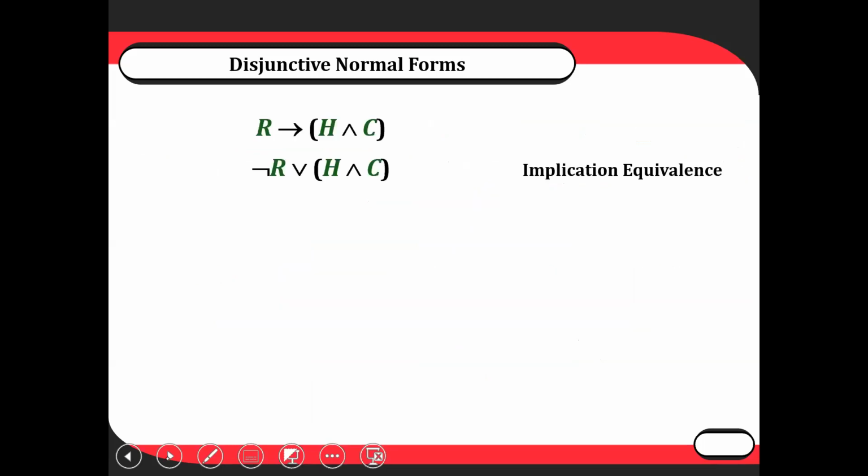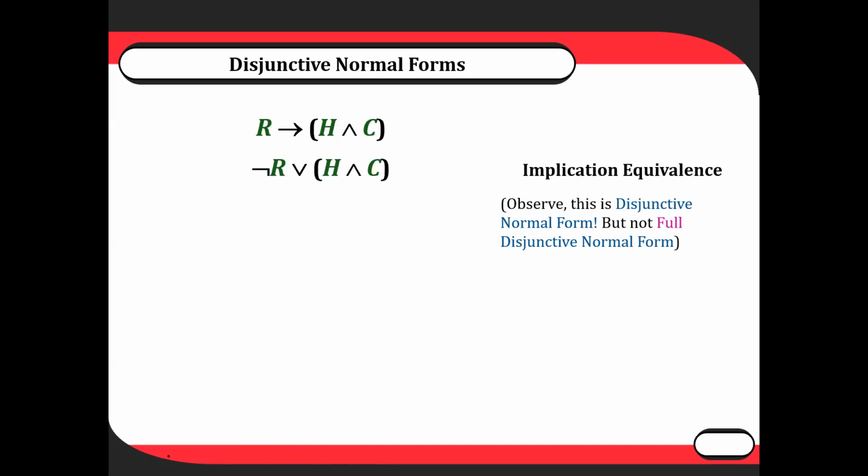The first step is the implication equivalence. Anytime you see an implication, you basically want to get rid of it so that you can start working with these things. Now you can distribute this, or do any number of things. Observe that this is in disjunctive normal form, but not in full disjunctive normal form.